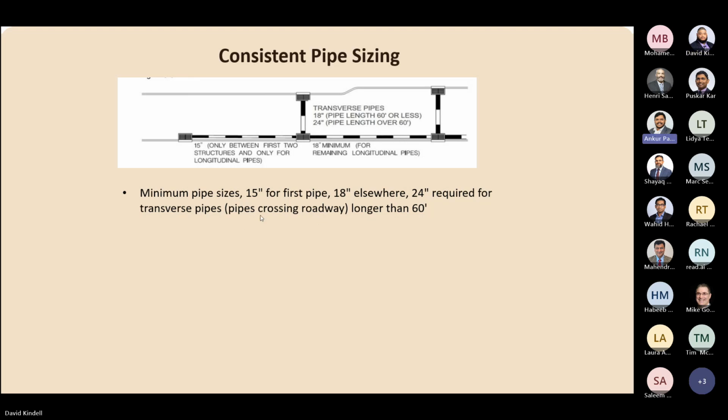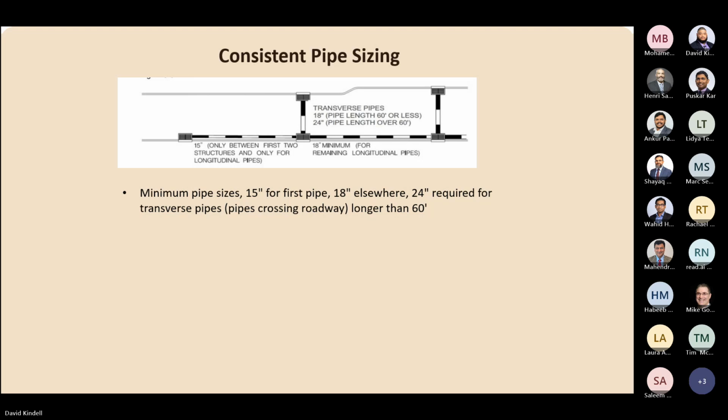This is another one that I see missed a lot. So just to reiterate, regardless of what your calculations say, what pipe size is needed for whatever design storm you're designing for, the minimum size, we're talking about a closed storm drain system like the sketch there, the first segment can be 15 inches, but after that it needs to be 18 inches.